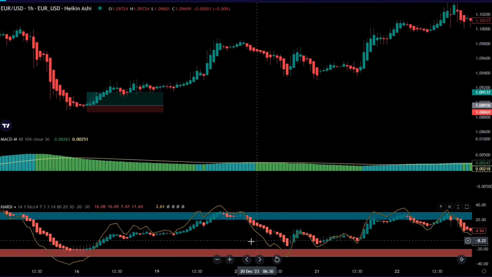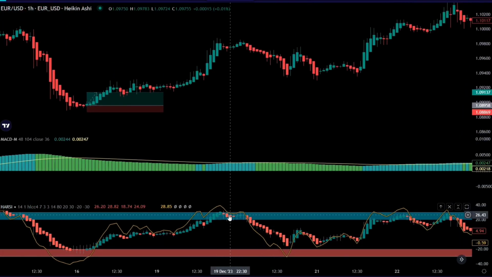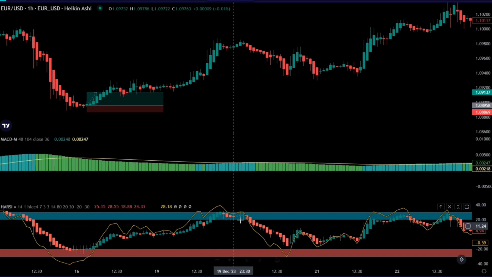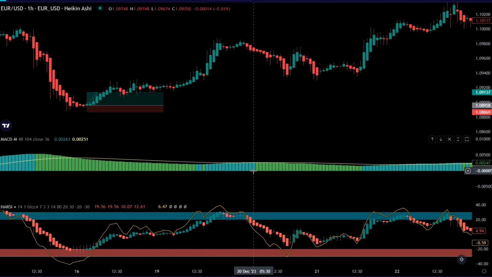Looking here, we don't have any signal to open a short position. You don't have any signal because the MACD is green, and you just have to find the long trade. Don't forget that.